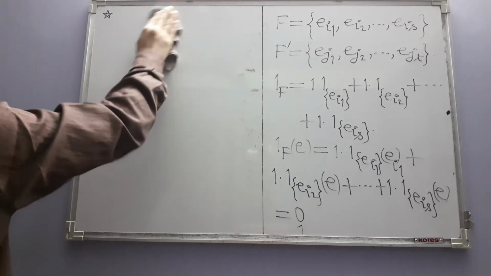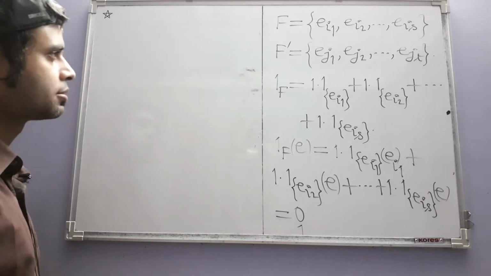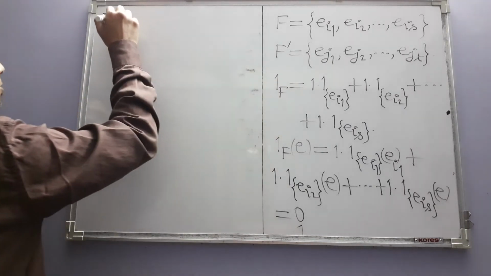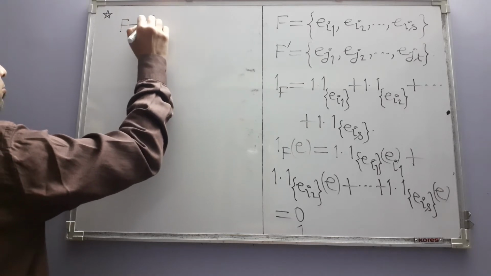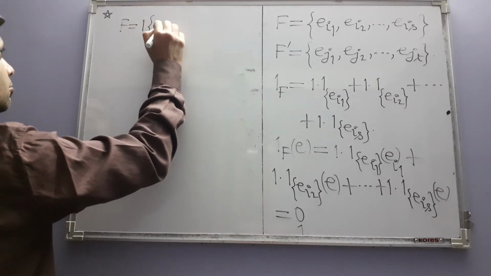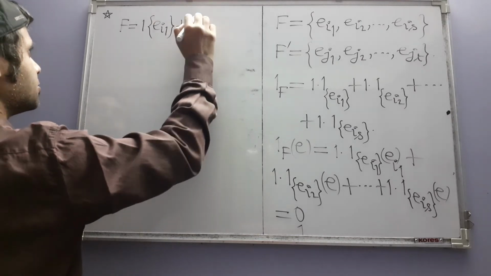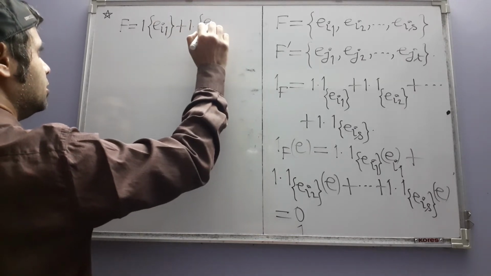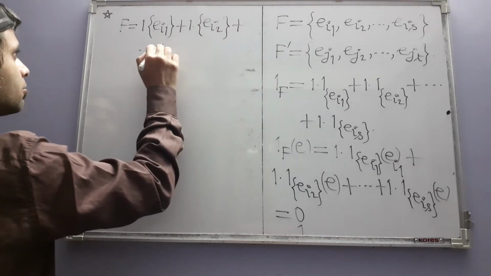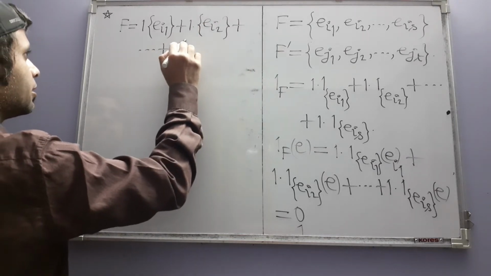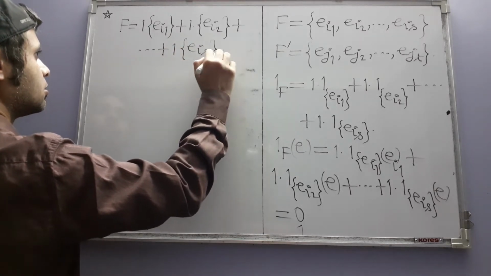When we are trying to express F as a linear combination of basis elements, it is just this: F is equal to 1 times e_{i1} plus 1 times e_{i2} plus ... plus 1 times e_{is}.